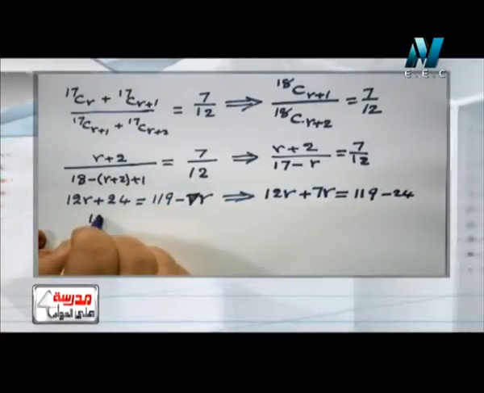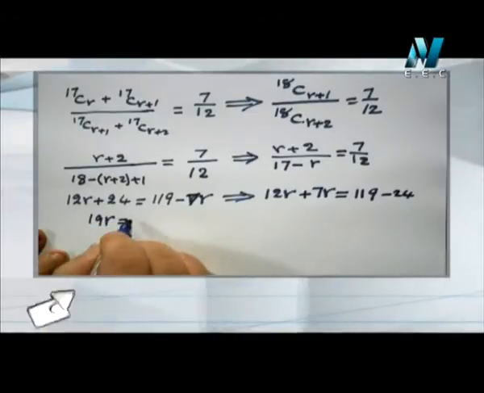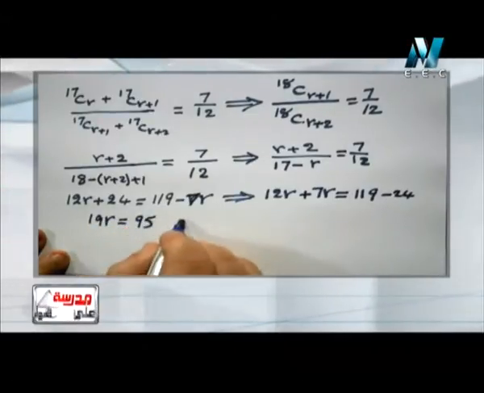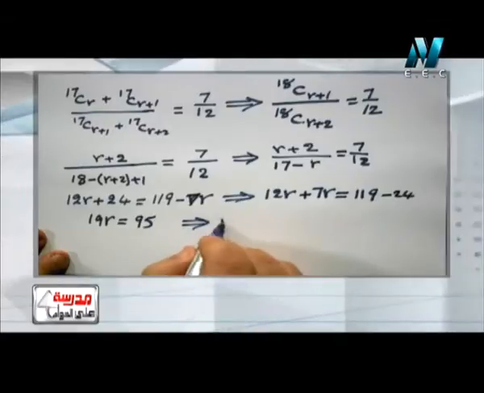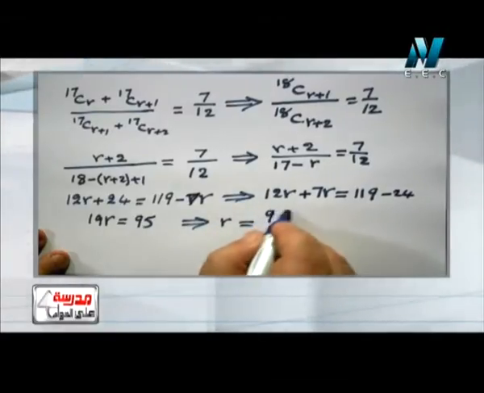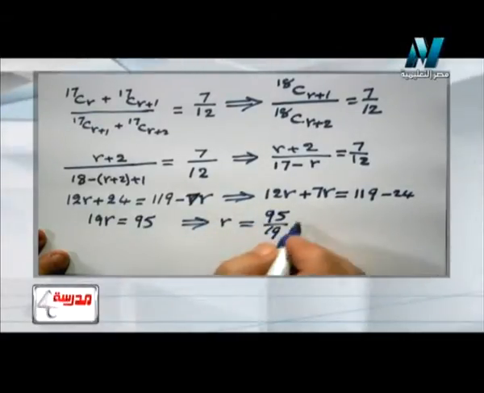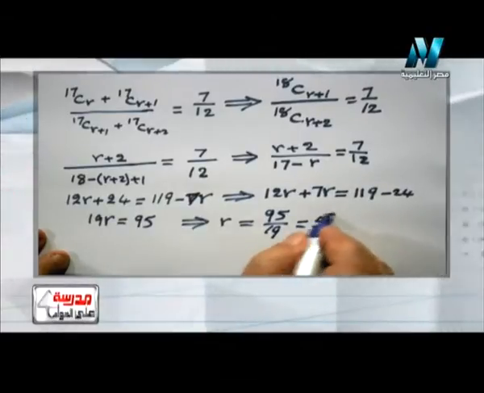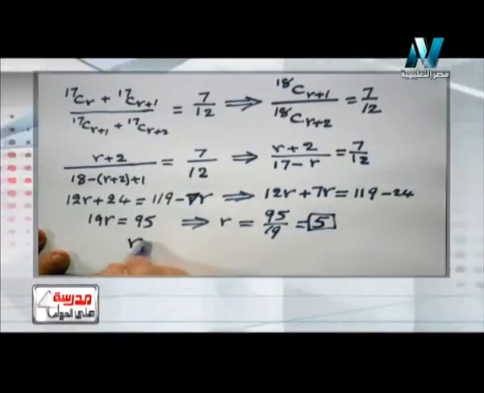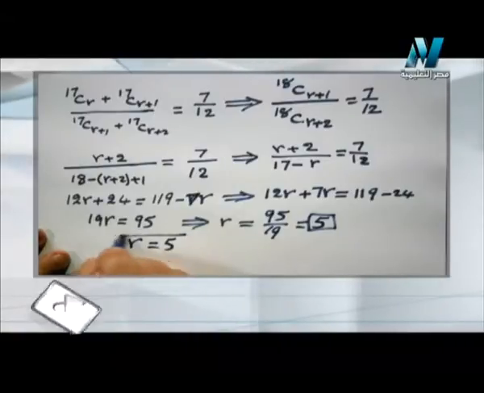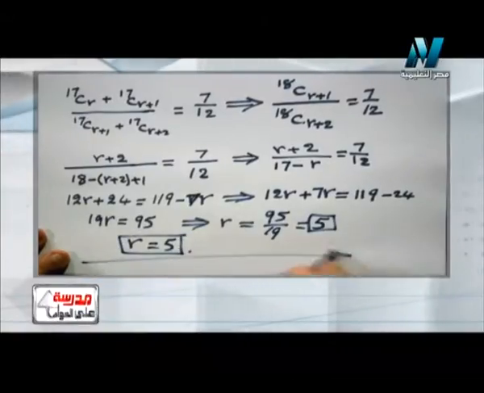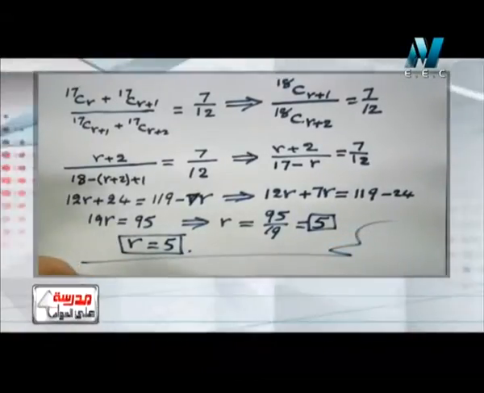Then 19R equals 95. Therefore finally R equals 95 over 19, which equals 5. Then R equals 5. This is the solution set of the equation of the second requirement.